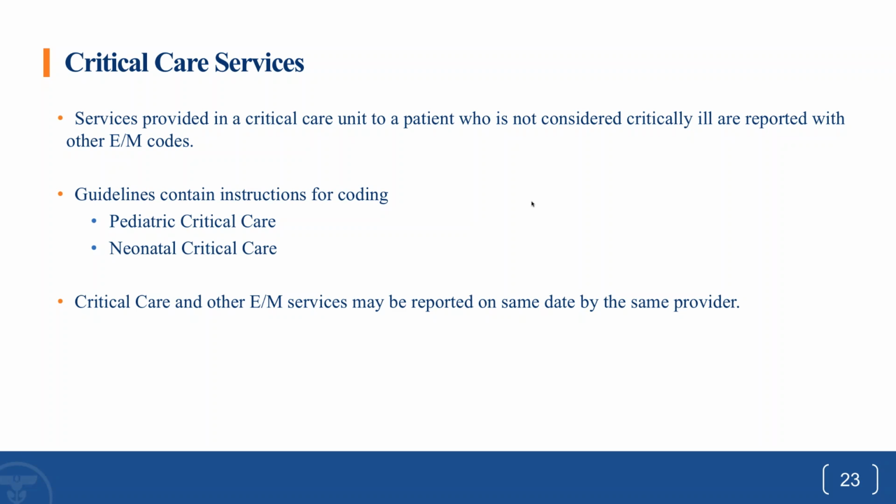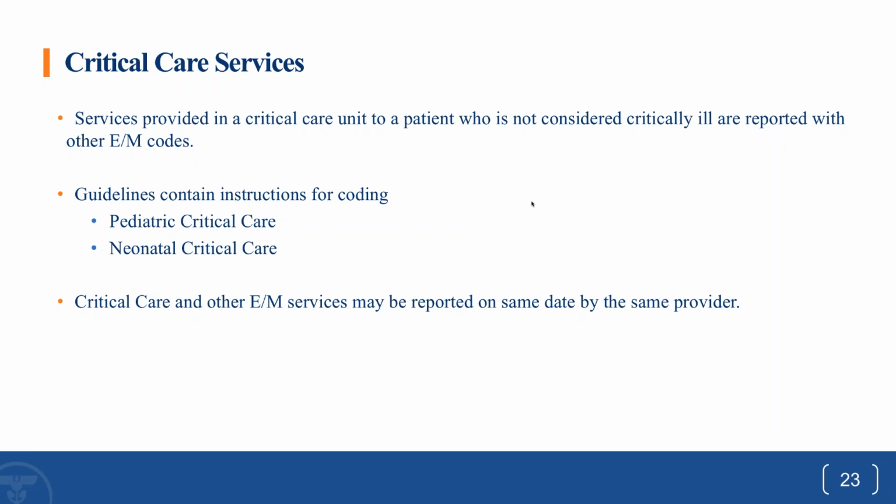Just remember that. Also, when it's administered in the emergency room, whether it's adult or children, with those critical care codes, if other services are provided, they can be billed. You just have to make sure they're not rolled into the critical care code.